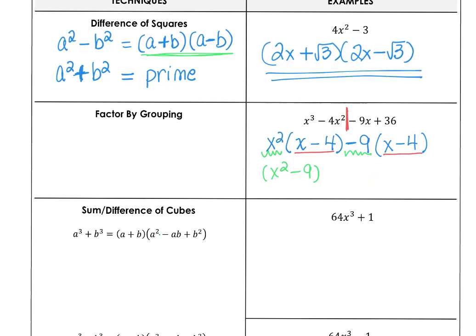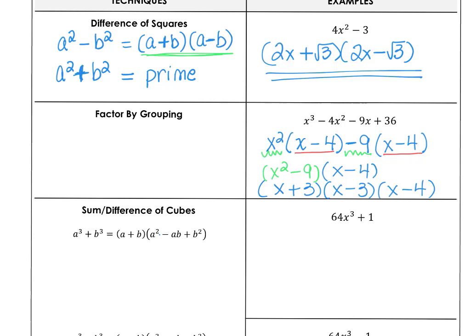So factoring x squared minus 9 times x minus 4, we can rewrite that to be x plus 3 times x minus 3 times x minus 4. And that would be factoring that cubic polynomial in linear factors here, where if this was an equation, we could solve.